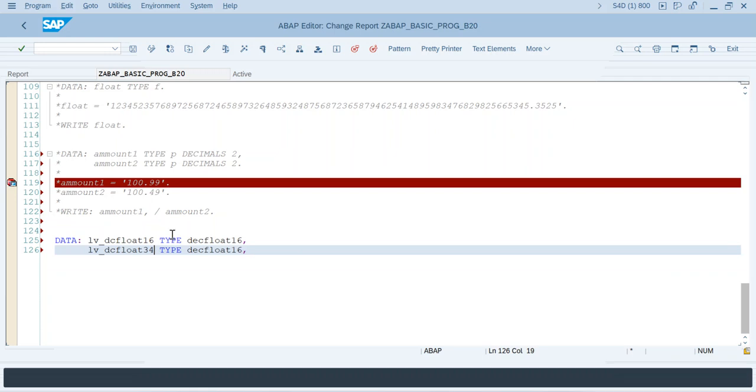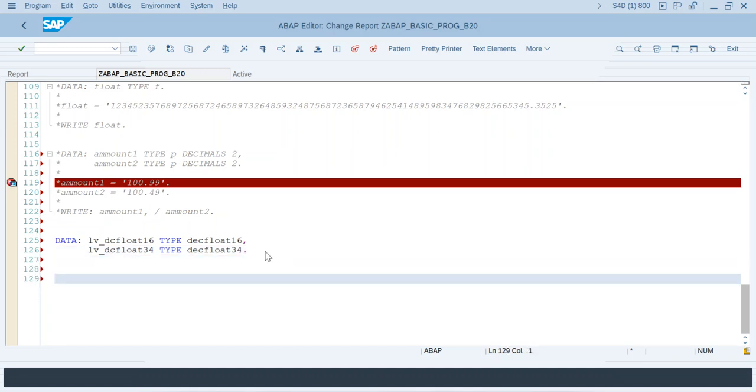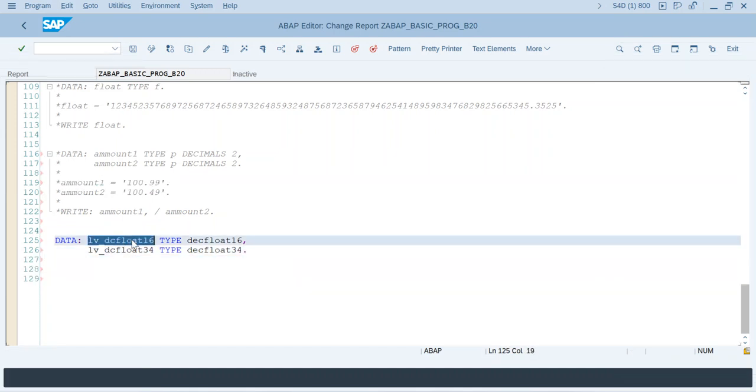The memory is the only difference. The first one allocates 8 bytes, the second one allocates 16 bytes of memory. That means more memory, more accurate value.